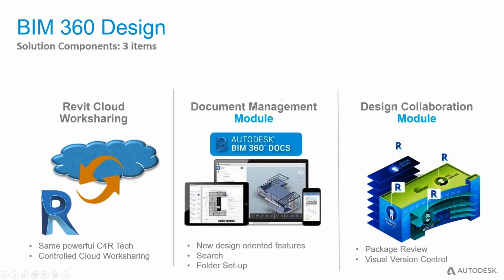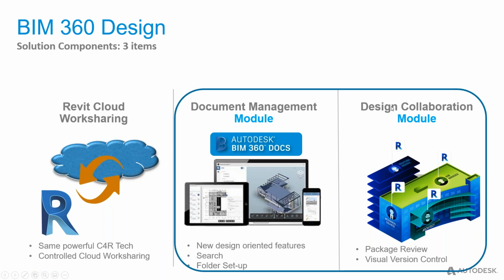The first one, as I did mention, is that we're storing everything inside of BIM 360 Docs. There is an interface from within Revit. If we're using worksets, then the Revit Cloud Worksharing kicks in with a BIM 360 design entitlement. Now, the passing on of data between different disciplines, that's really where the cloud module of BIM 360 design kicks in. That's the design collaboration cloud module.